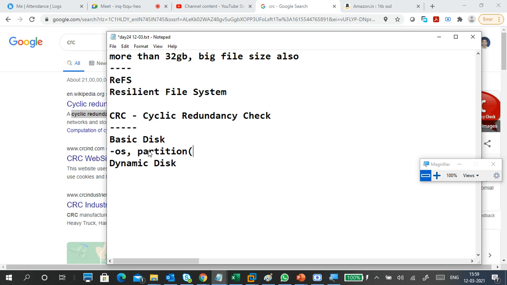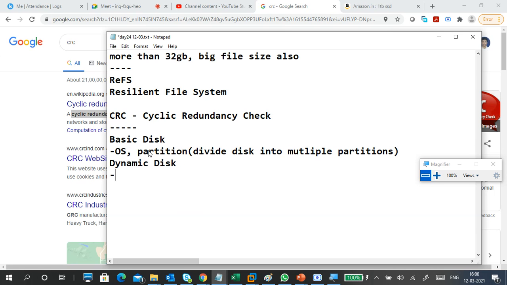What does partitioning mean? Divide a disk into multiple parts or partitions. So that is a basic disk. So usually we install an operating system, we put the operating system into a basic disk only.